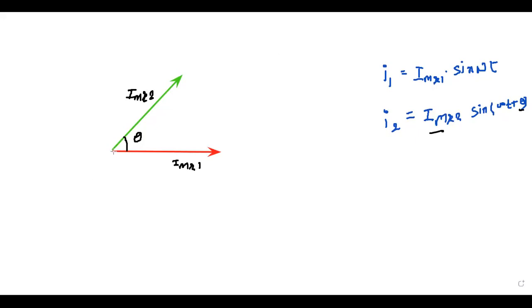You have to draw the same vector like IMR1, so the vector looks the same. It is parallel and equal in magnitude, and then put this vector on the peak of this vector.